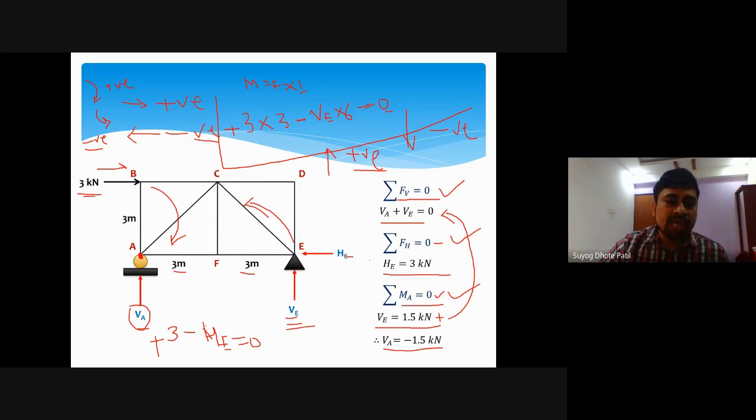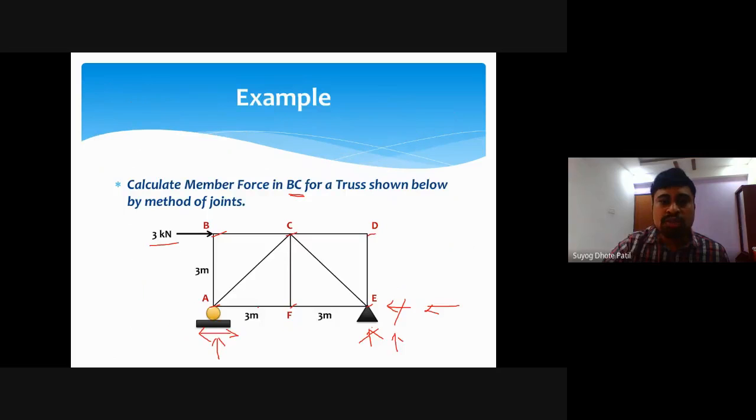If I consider this joint A, there are more than two unknowns available. Basically, if I think about this joint A here, this AB means we have to find all the forces. What was the question? We have to find the member forces. We have to find the member force in BC. Ultimately we have to find the member forces in AB, BC, CD, DE, like that.